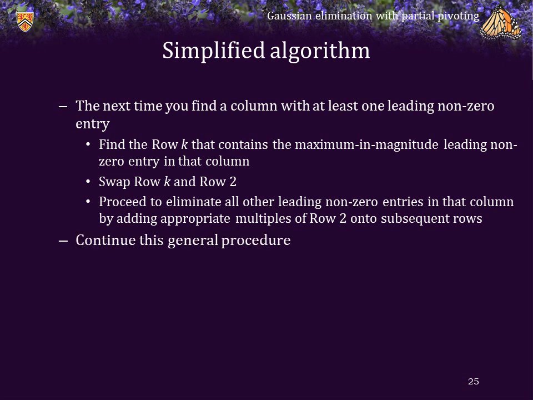You will continue this general procedure. So you will continue moving from left to right along the columns, and when you find the third column that has at least one leading non-zero entry, then you'll be swapping a row into row 3, and so on and so forth. At some point you will be finished, and the matrix will be in row echelon form.